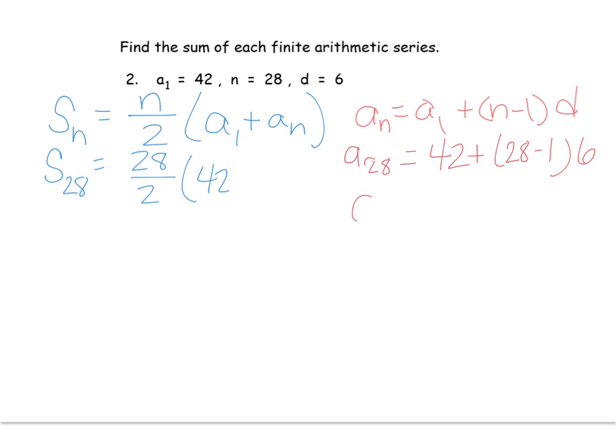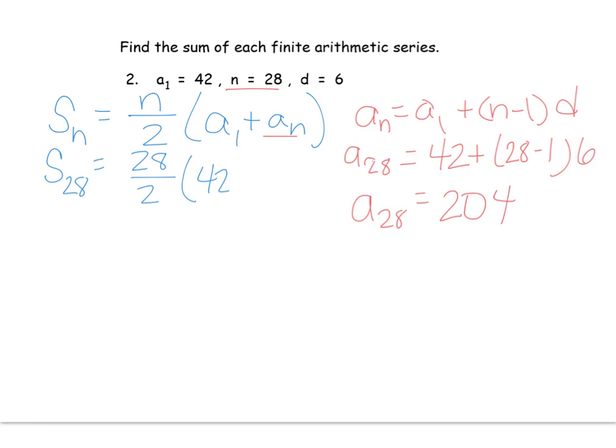So we can evaluate A28, which in this case will be our AN. Our AN is the 28th term because N was 28, by using the arithmetic sequence formula. So that 28th term is actually the number 204.